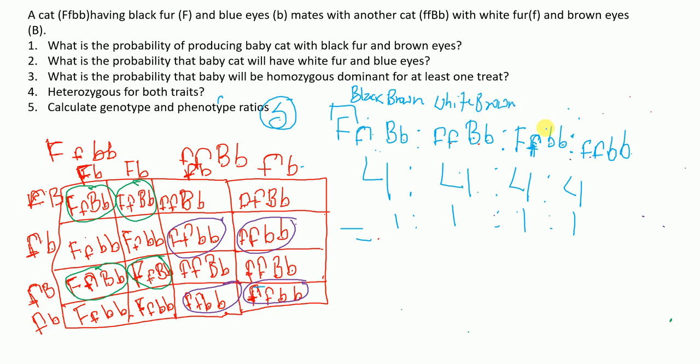This is black fur, and BB refers to blue eyes. And this will be white fur with blue eyes. So the phenotype ratio is also the same as the genotype ratio, because we have 4 and 4, 4, 4. So 1:1:1:1. Genotype and phenotype ratio is the same.